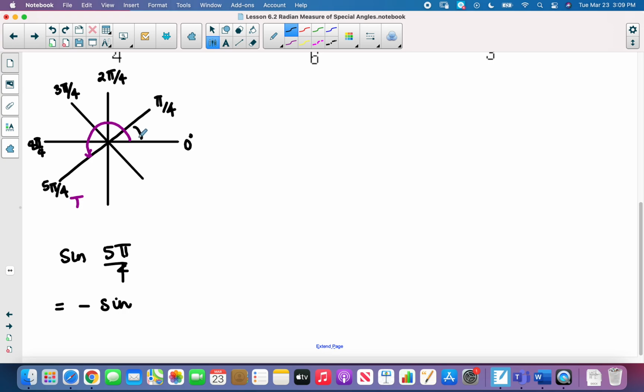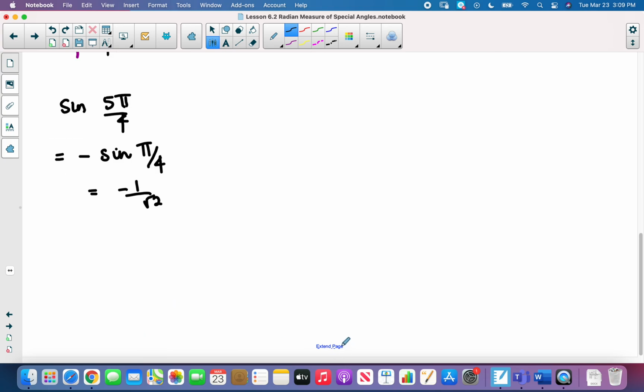The related acute angle is pi over 4, which is 45 degrees, right? So what is sine of 45 degrees? Sine of 45 is 1 over root 2. So it's negative 1 over root 2.